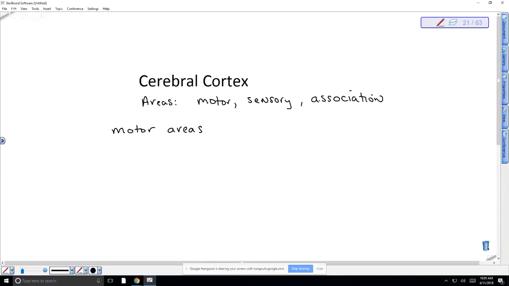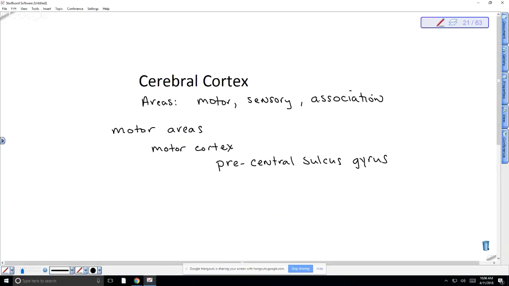And so we have what is called the motor cortex. And this motor cortex is in front of that central sulcus. And so it is called the precentral gyrus, right?